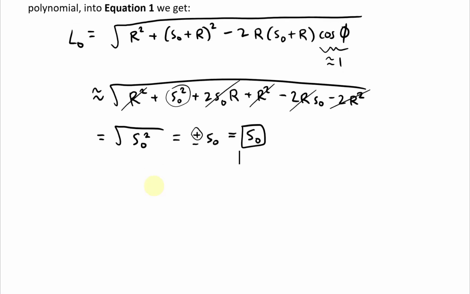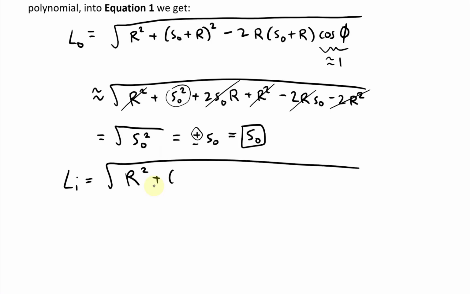And then similarly, the L i, this one is equal to a giant square root, r squared plus s i minus r squared. Remember, the equation is going to be the minus, we have to do the s i minus, and then it's going to be a plus after that.